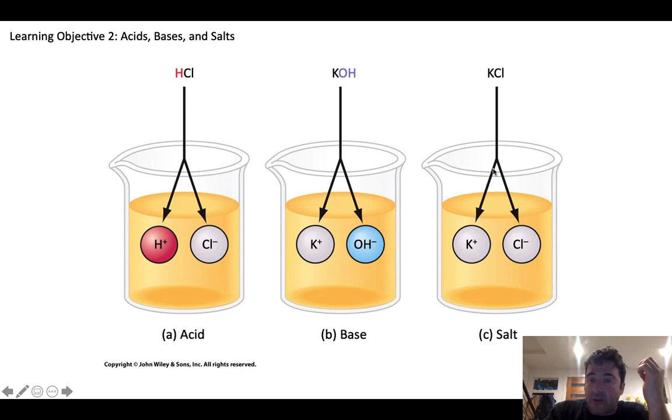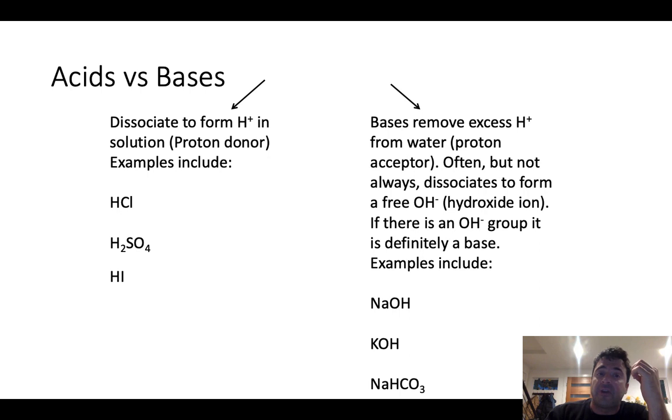Now, in this dissociation reaction, remember we're putting solid potassium chloride into solution to form aqueous, meaning that these particles are now floating around in a water-based solution independently as charged potassium and charged chloride. We care about all of these because these are electrolytes, and fluid and electrolyte balance is really important. So be able to distinguish an acid, a base, and a salt, and be able to justify why you're calling one an acid, a base, or a salt.